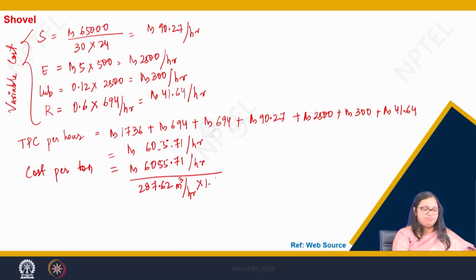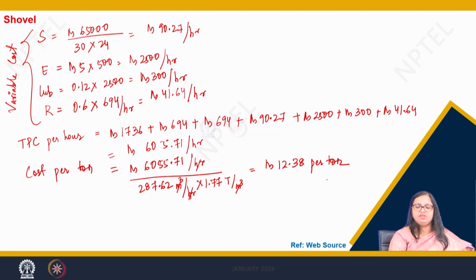So, we have to multiply the bulk density of the material, that is 1.77 ton per cubic meter. So, cubic meter gets cancelled, hour gets cancelled. So, the answer is now 12.38 per ton. So, this is the cost per ton, which is my answer C.